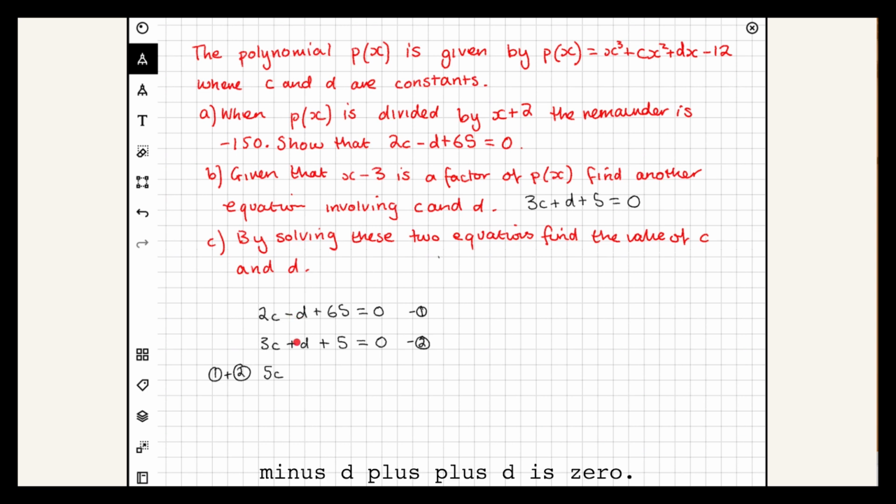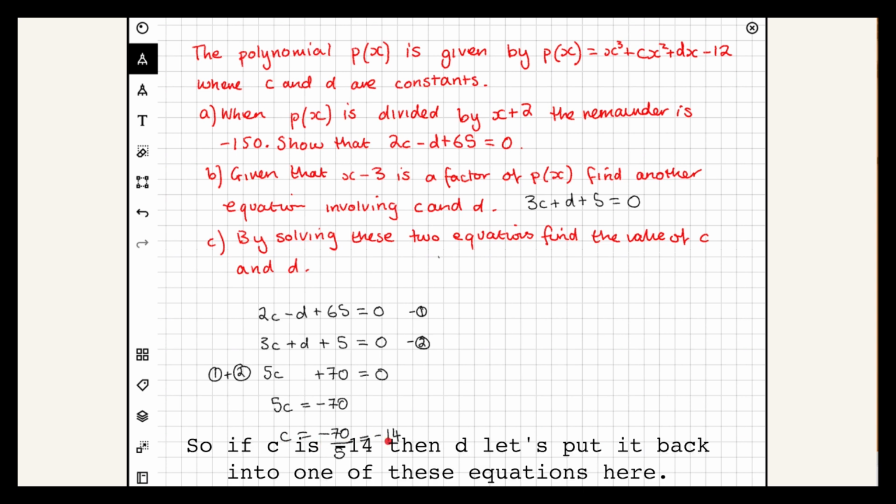Again, minus d plus d is 0. 65 plus 5 is 70. So plus 70 equals 0. So 5c equals minus 70. So c will equal minus 70 over 5, which is minus 14.